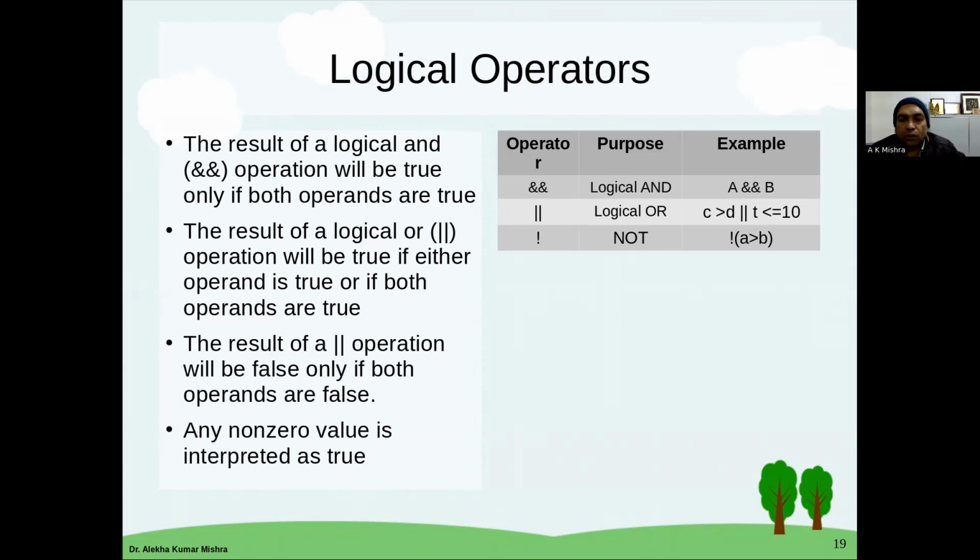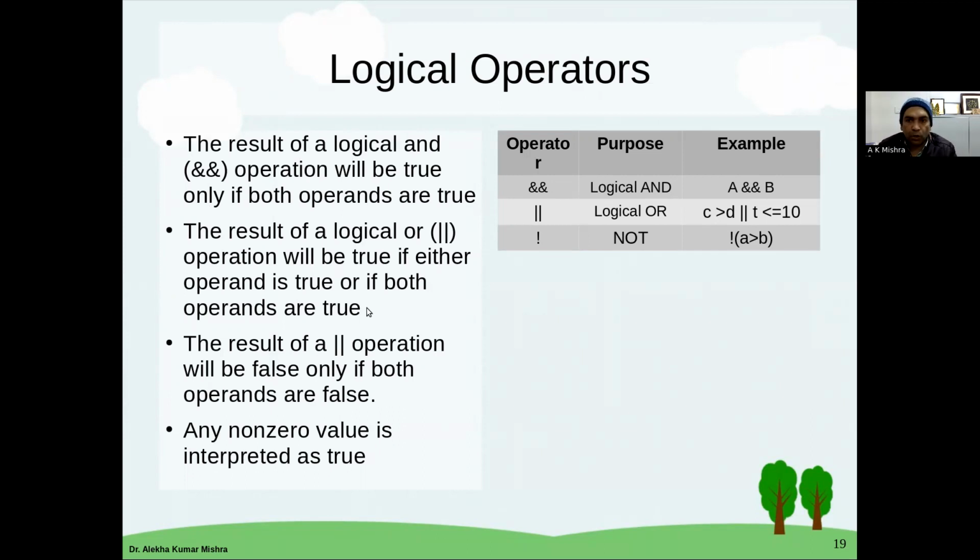We have three logical operators here: logical and, logical or, and not. Logical and means the AND operation, like the logic gate.